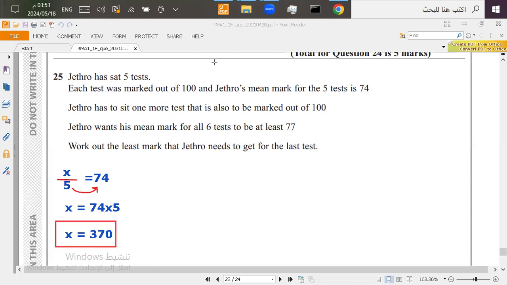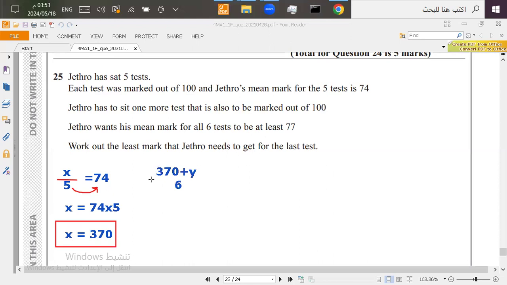Now, he added one exam or test to these exams. And they said that he needs at least a mean of 77. It means that the 370 plus one exam, let's call it y, divided by 6, because after adding one exam to the 5 exams, they're going to be 6.